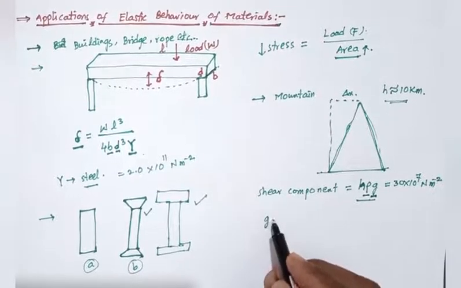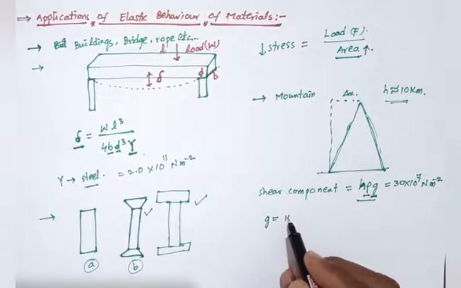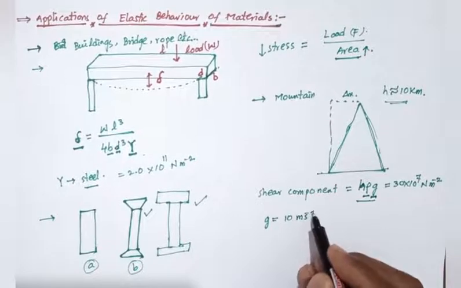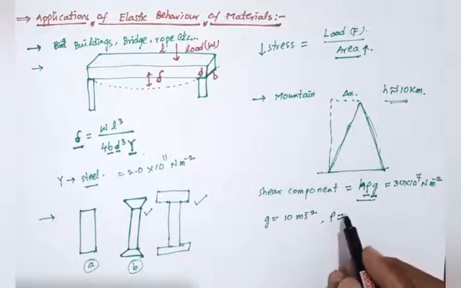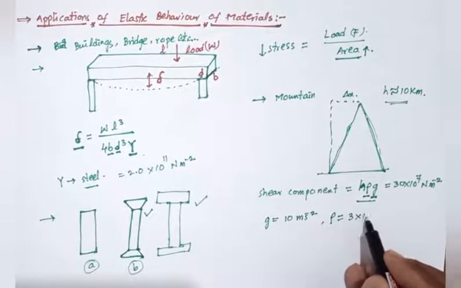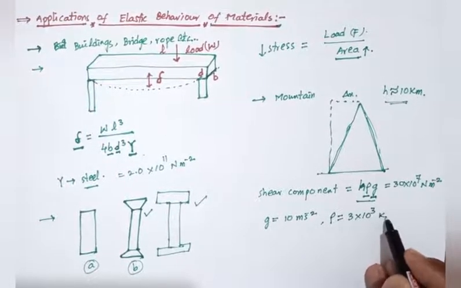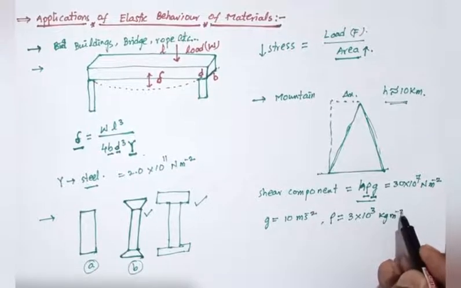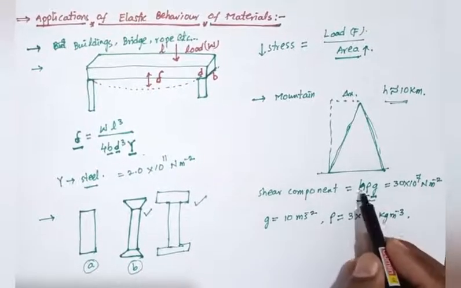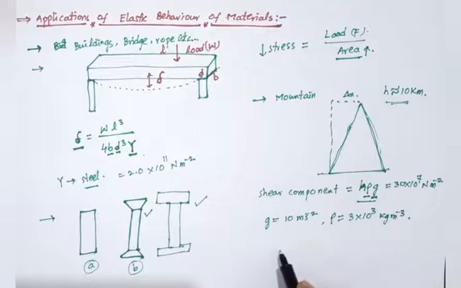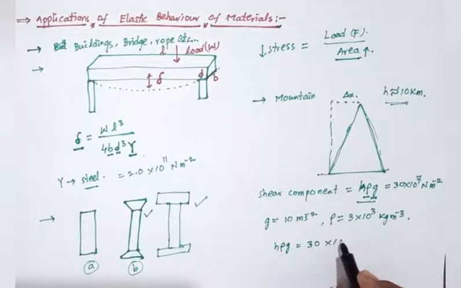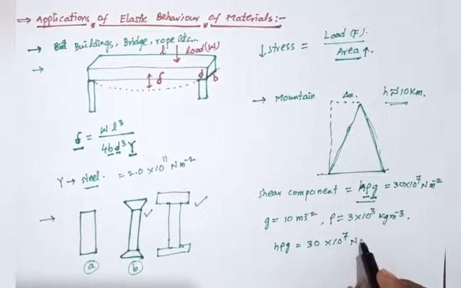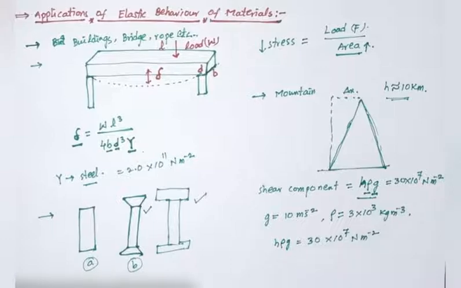We can take acceleration due to gravity as 10 meter per second square, and the density of rock rho as 3 times 10 to the power 3 kilogram per meter cube. Then we can find the height of the mountain. h rho g equals 30 times 10 to the power of 7 Newton per meter square.